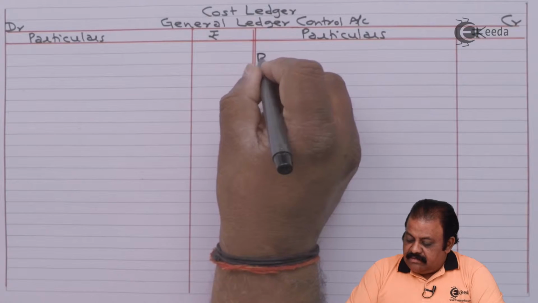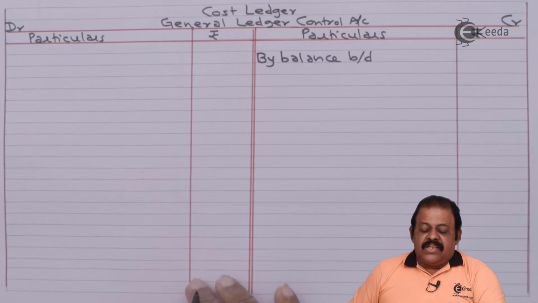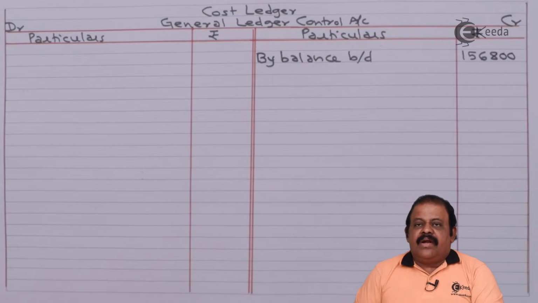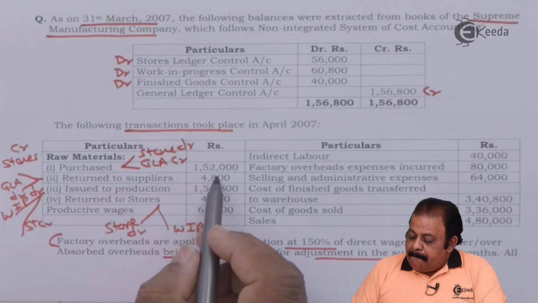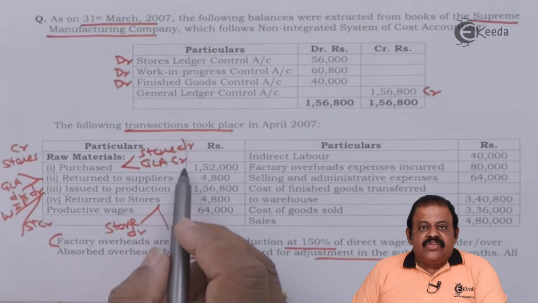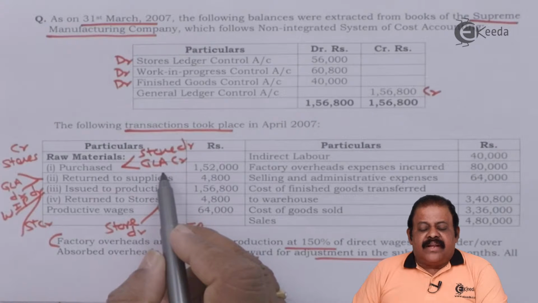General ledger control account, credit side, by balance brought down 1,56,800. Purchase of raw material 1,52,000. This will be recorded in stores control account debit side and general ledger adjustment account credit side.